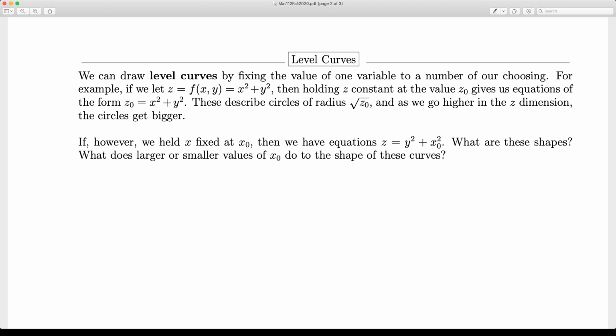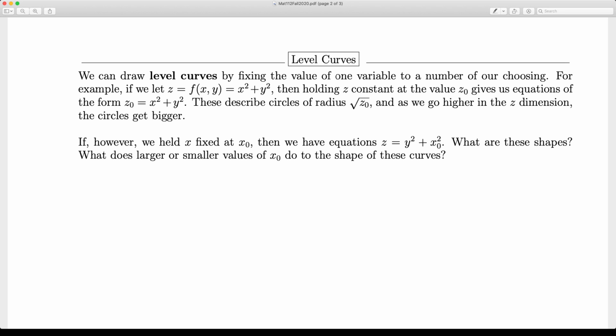If I take a multivariable equation, z equals f of x, y, let's take as our example x squared plus y squared. So, new example. If I hold z constant at the value z naught, then z naught equals x squared plus y squared describes circles. Yes? And their radius is bigger depending on how big z naught is. Okay, does that make sense?